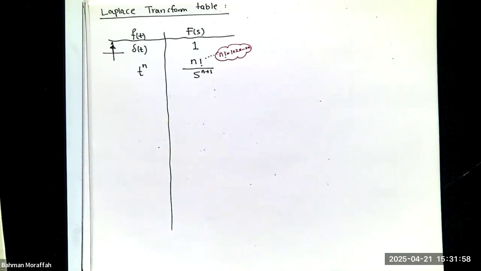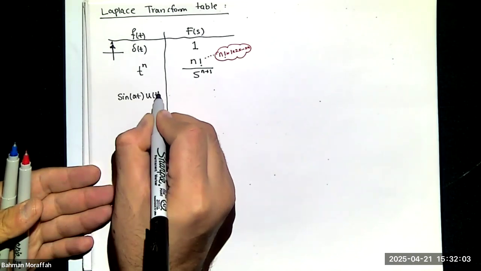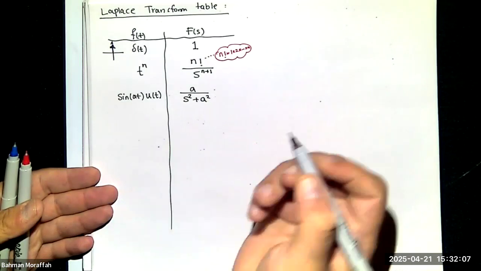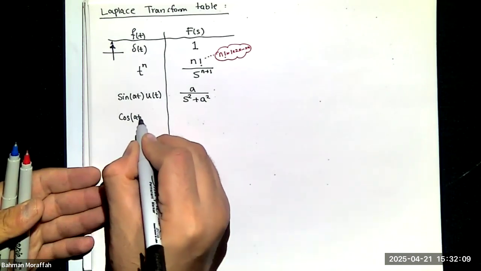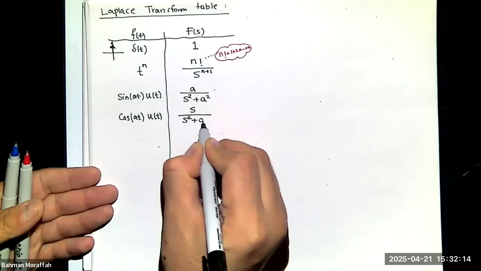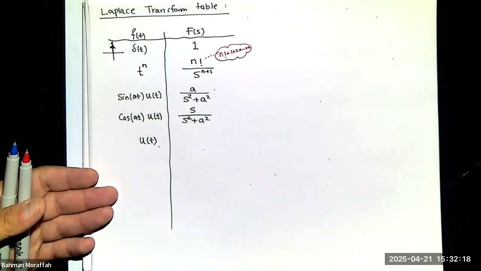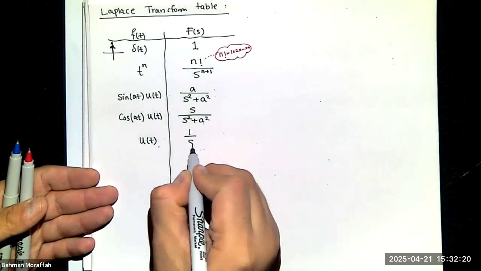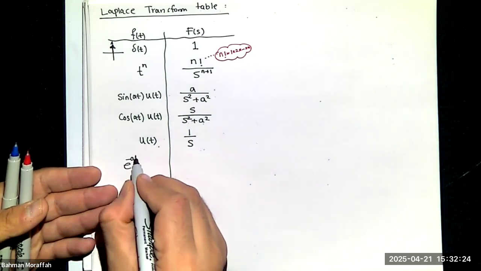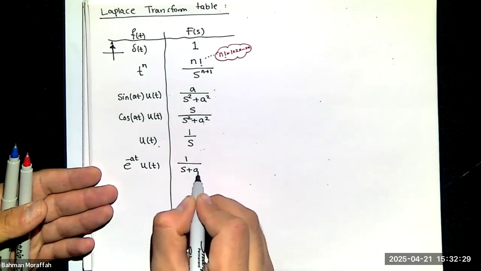If I have sine a t times u t, this is a over s squared plus a squared. If I have cosine a t u t, that is s over s squared plus a squared. The Laplace transform of the step function is 1 over s. If I have e to the power of minus a t u t, the Laplace transform is 1 over s plus a.